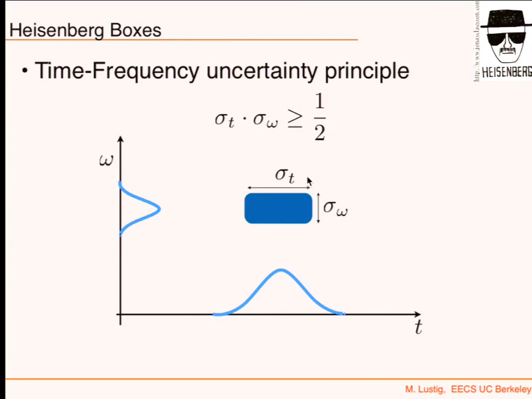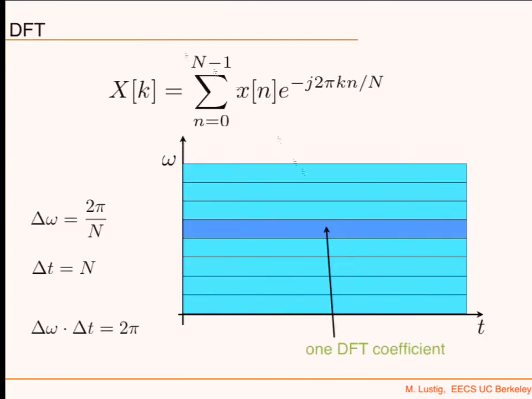In discrete time, it's a little bit less defined, but in a way, if you think about this, what is this uncertainty principle? Well, if I look at the DFT, then what I've done really is I've taken n number of samples and I compute from them n DFT coefficients.